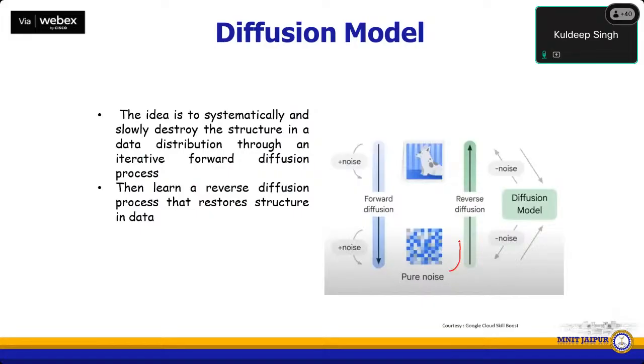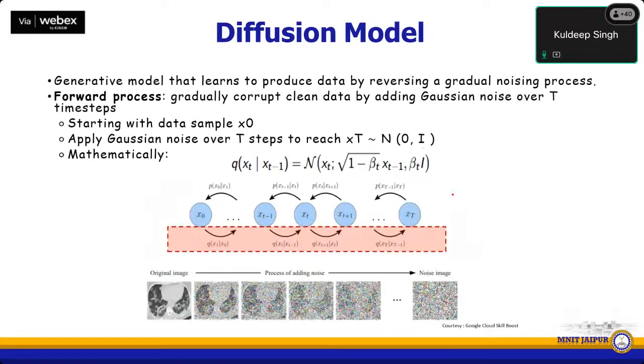And during the reverse diffusion process, this pure noise is denoised using this diffusion model to generate a clear image. So this whole process of generating the noisy image and then developing a model of reverse diffusion, where from this noise we generate a new image, that model is for generating novel images. So that is how it works.